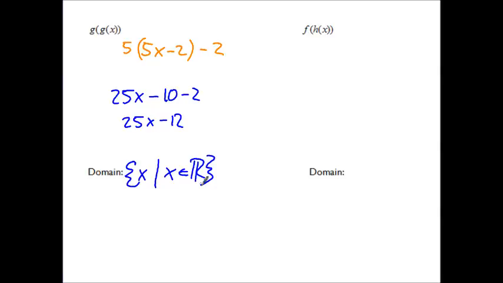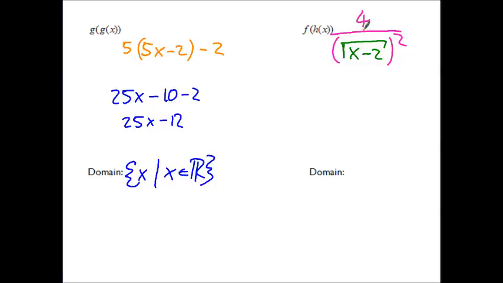And now we have f of h of x. h of x, our function in green, takes the input, subtracts 2 from it, and takes the square root of that. And now f of x takes that input, squares it, and divides 4 by that number. Alright, then let's look at our denominator.